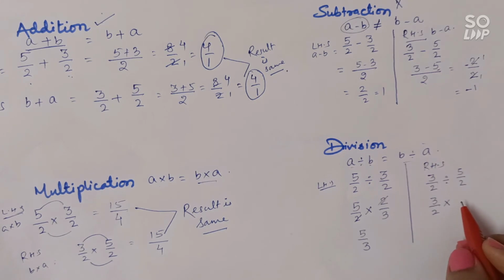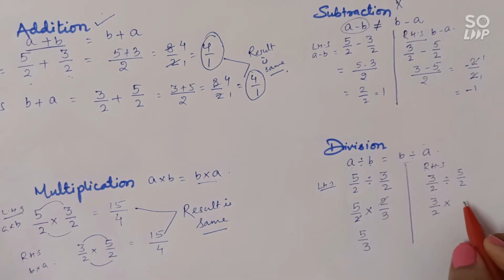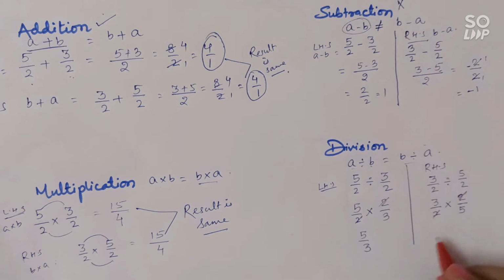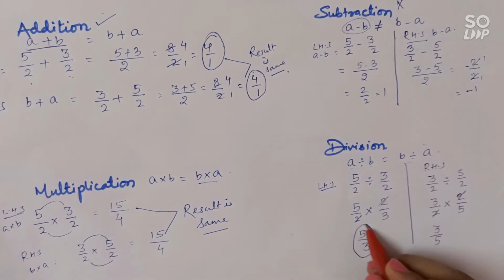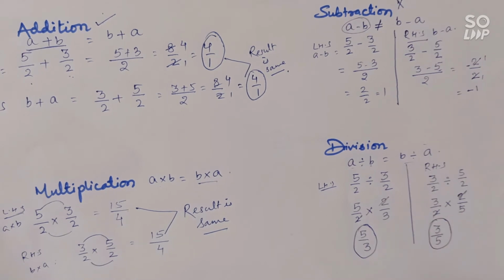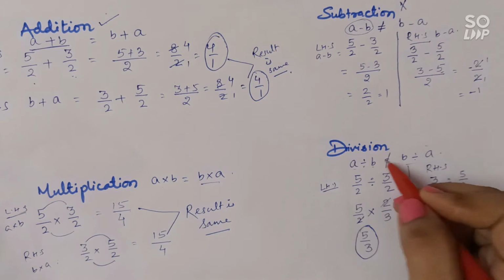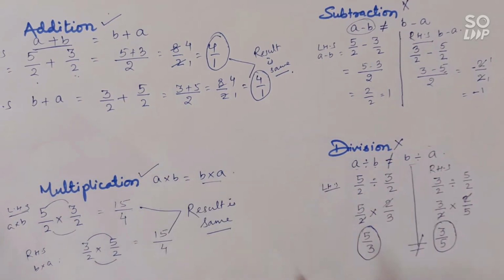It's already given there, addition, subtraction, multiplication and division of rational number in my previous video. So here 2 by 5. So now 2 will get cancelled and finally we are having what? 3 by 5. Is the result same? No, they are not same. Okay, so it doesn't hold for division, it holds for multiplication.